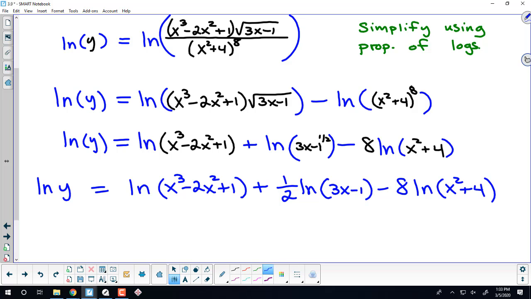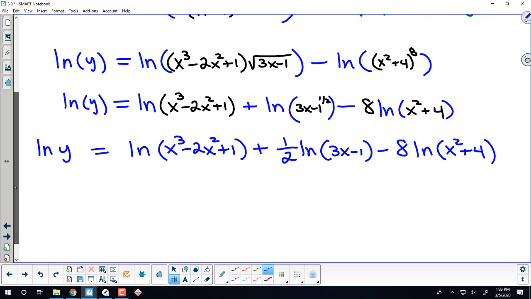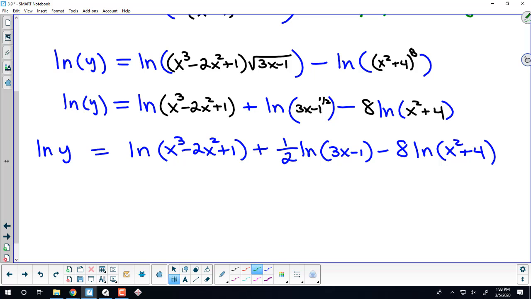You still have some complexities in the function, right? But you don't have product, quotient, and chain rules left anymore. At most, you have the derivative of the natural log with a chain rule. So from this point, we've simplified completely in terms of properties of logarithms.